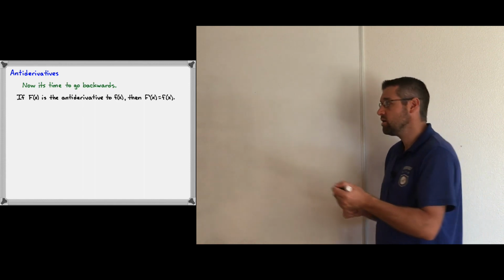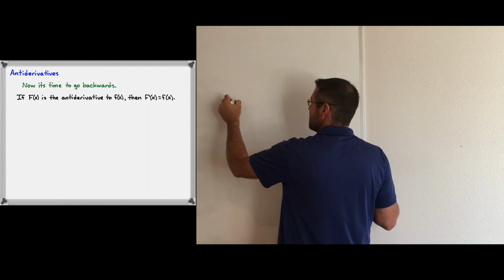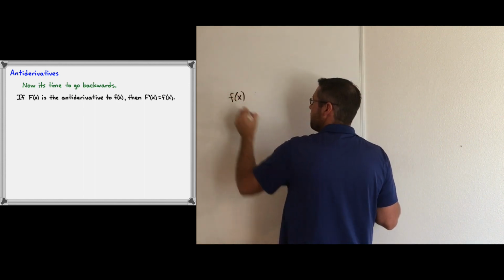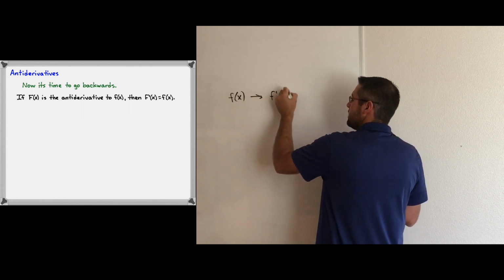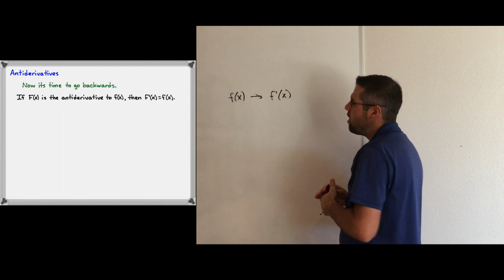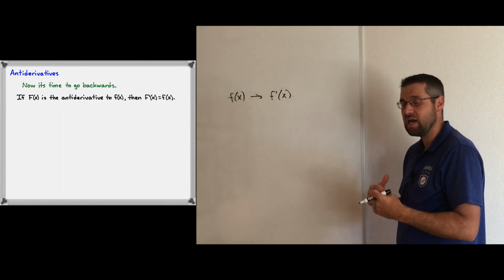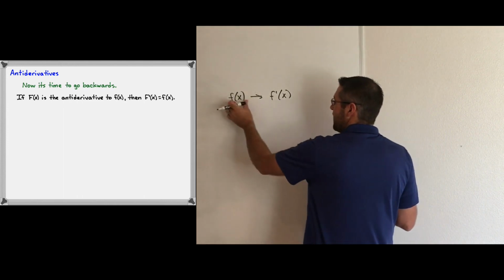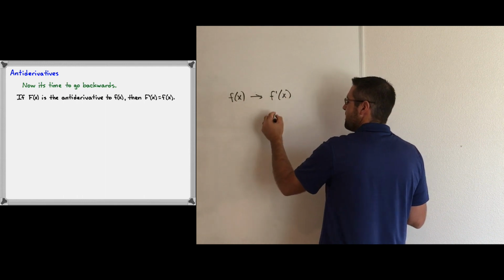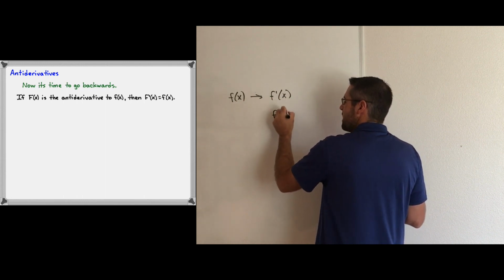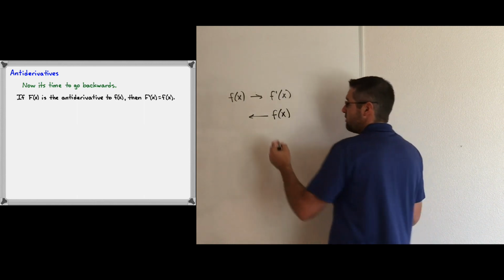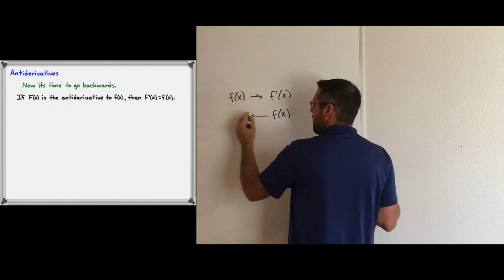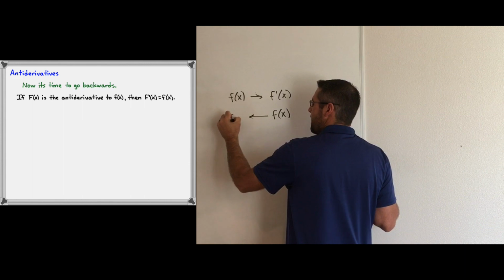Okay? So here we have this notation that says if f of x is our function, then f prime of x is our derivative. All we're saying here is kind of the opposite. If instead of starting at f of x and taking the derivative, let's start at f of x and take the antiderivative. And we say, as a result of that, the antiderivative of f of x is capital F of x.